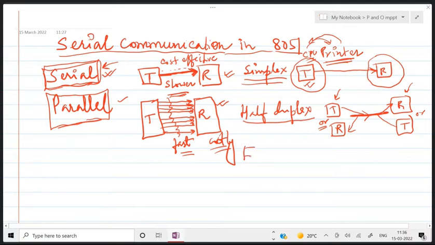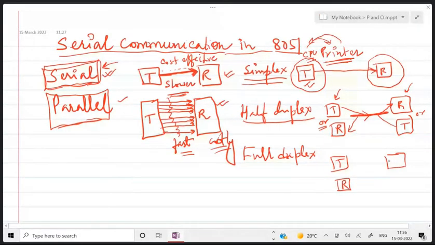Then another method is called the full duplex method of serial communication. In this, we have a transmitter and receiver at both ends, and it is possible to transmit and receive data simultaneously.